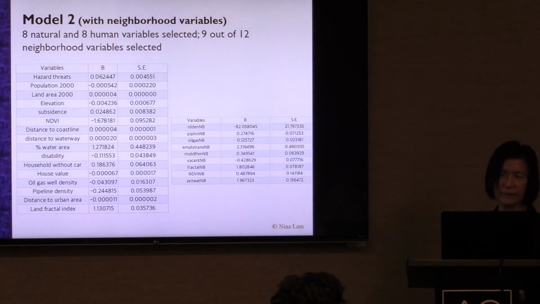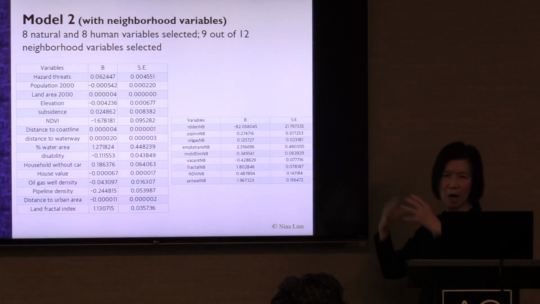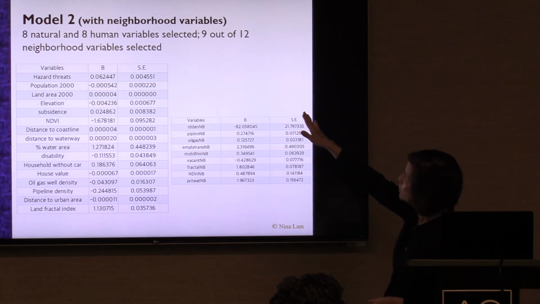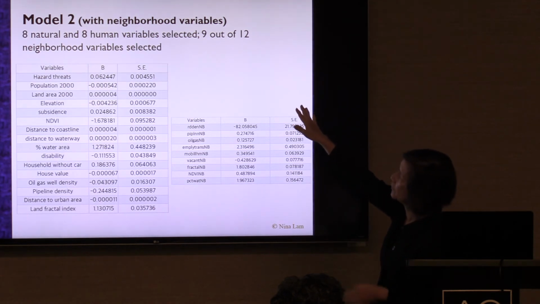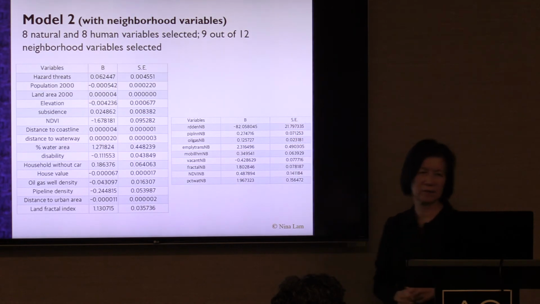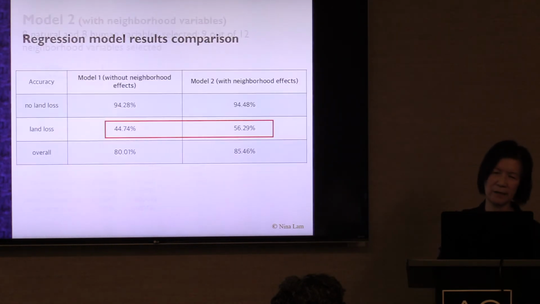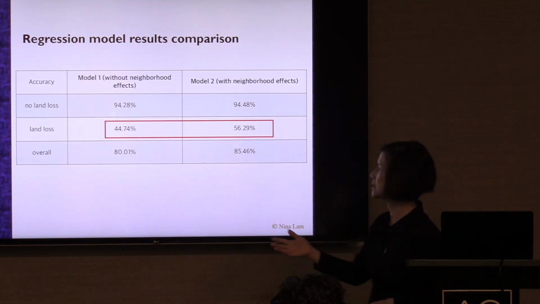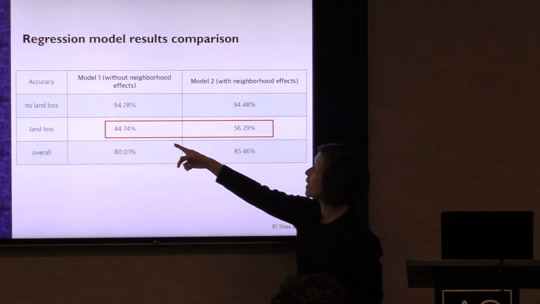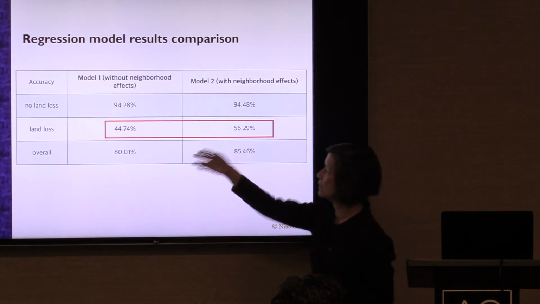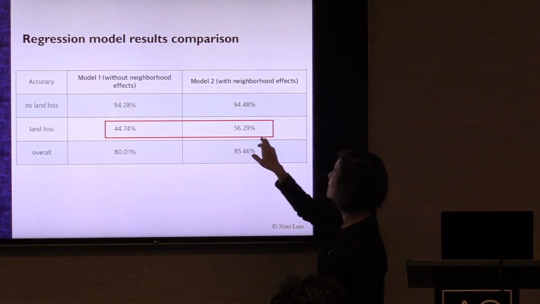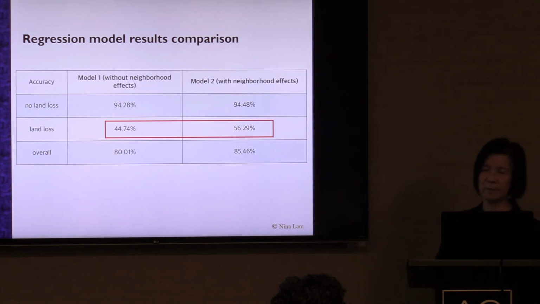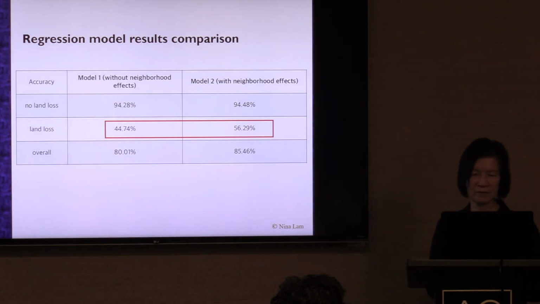But in model 2, when you incorporate neighborhood variables, you have 8 natural, 8 human, plus 9 out of the 12 neighborhood variables selected. So you have more variables. And in the regression result, model 1 without neighborhood effect gives 44.74%, and then model 2 has a pretty significant increase, to 56%.